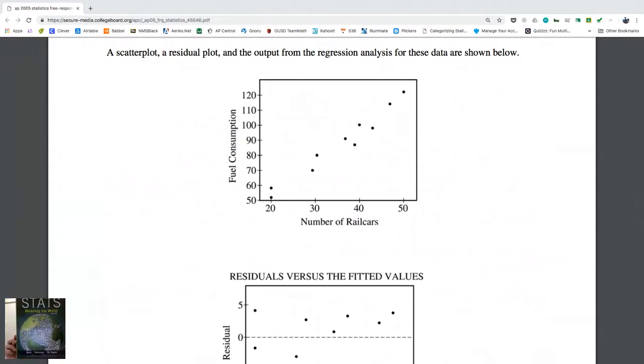This one? Stats: Modeling the World. Oh, this is the fourth edition. That's probably why. So it's probably the same one. This is just the fourth edition, so it's a little bit newer.